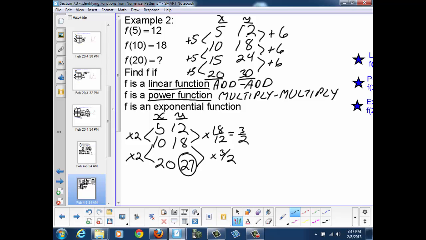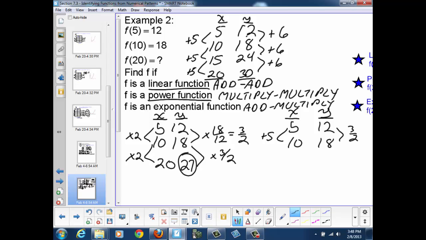Finally, let's take a look at the exponential situation. So we set up our table again, 5, 12, and 10, 18 for my x's and y's. And now I use the exponential pattern, which is add, multiply. So here I'm adding 5, and here I'm multiplying by 3/2. So if I add 5 again, I get 15.